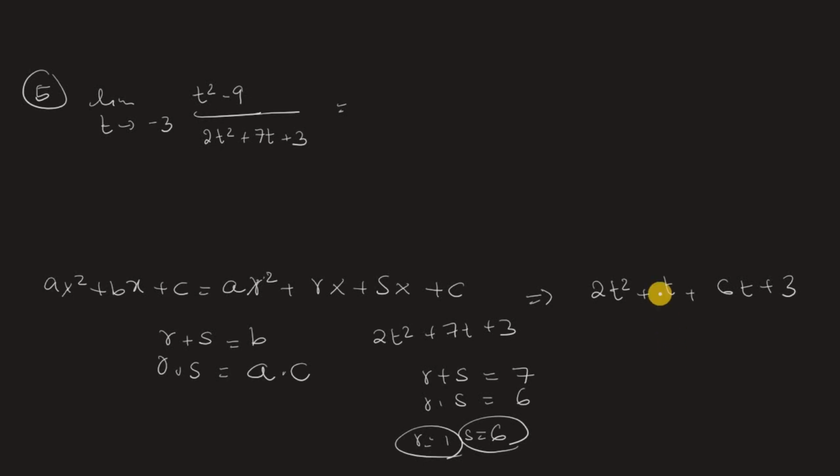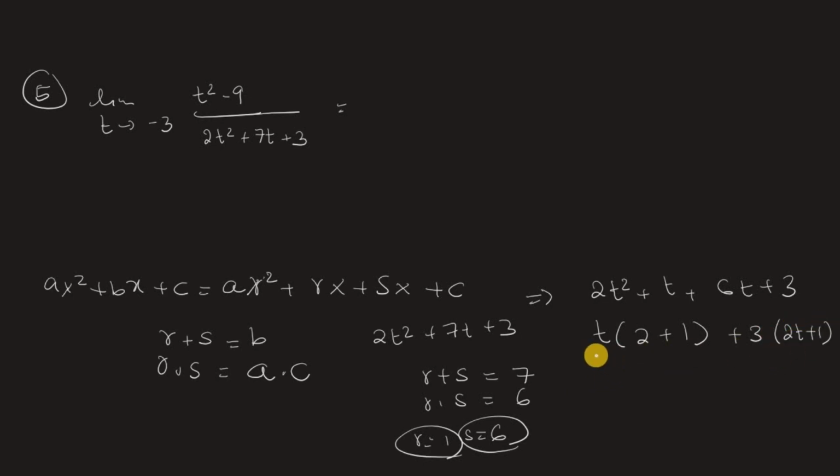Now we can factor it further. We can extract t from the first two terms, so we're left with 2t plus 1, and from the last two terms we can factor out a 3, and we're left with 2t plus 1.